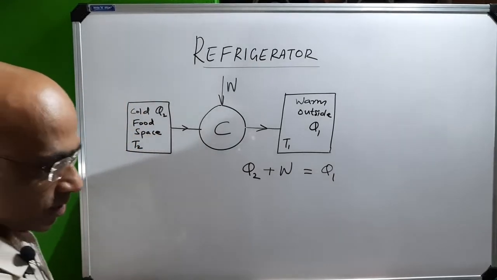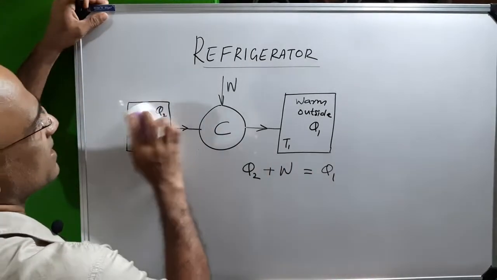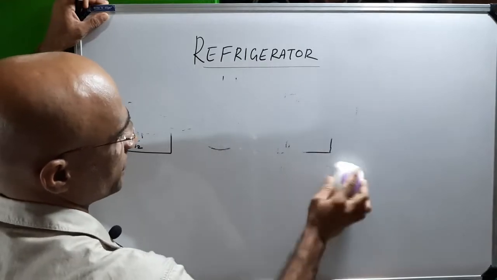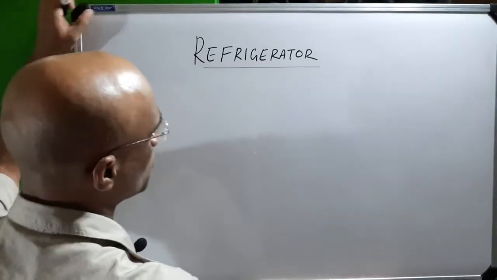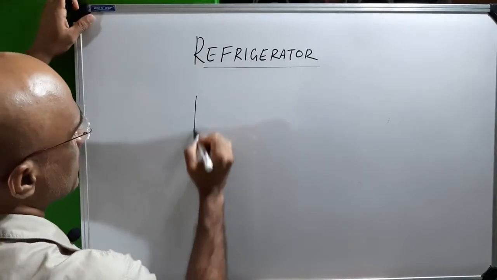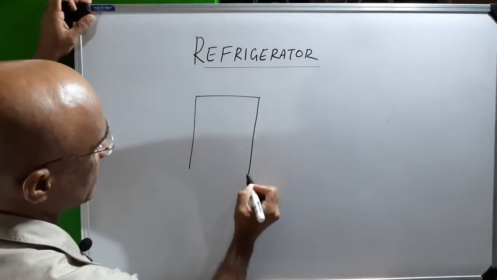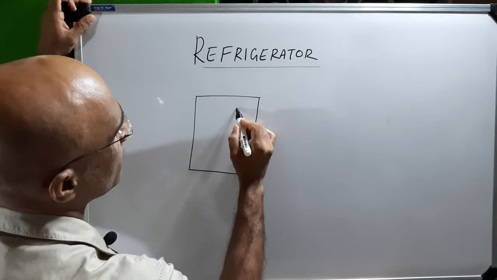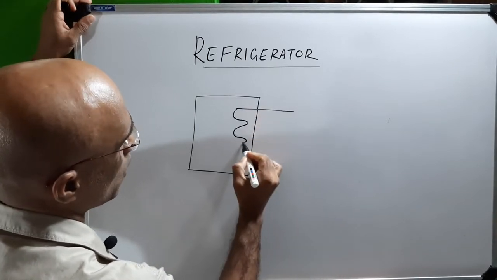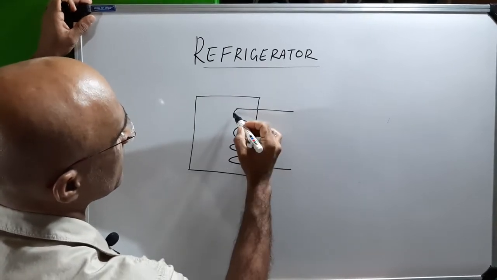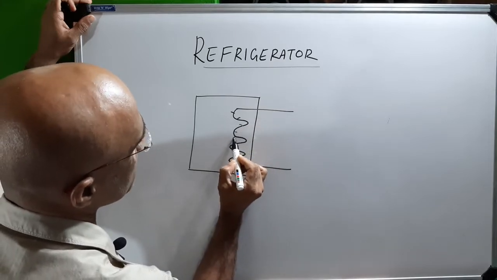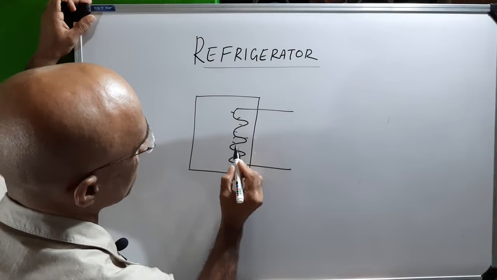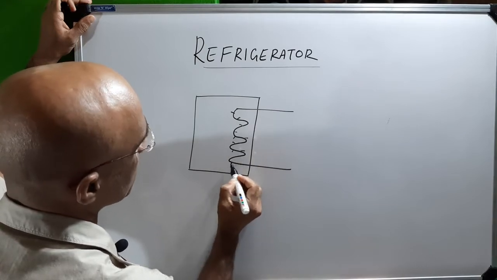Now, looking into the diagram of a refrigerator, we have, as I told you, an evaporator that is situated inside the cold food space, which will have fins. Now let me draw the fins as these small lines or projections on this coil which I have drawn inside the cold space.